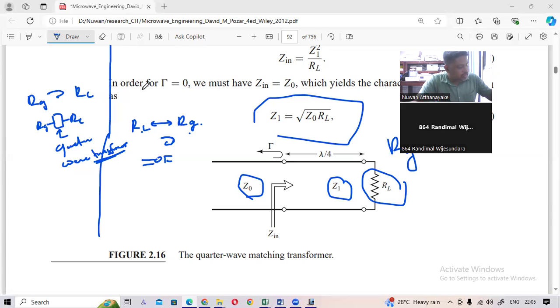We can't tell like that, I hope. But normally an SMA connector has 50 ohm impedance. Every SMA connector has 50 ohm, but BNC will have 75 and 50 ohm. And this DIN connector is also 75 ohm. These are also 75 ohm.